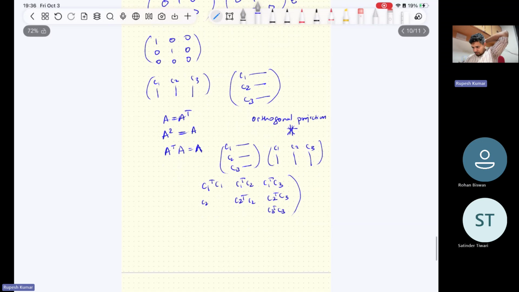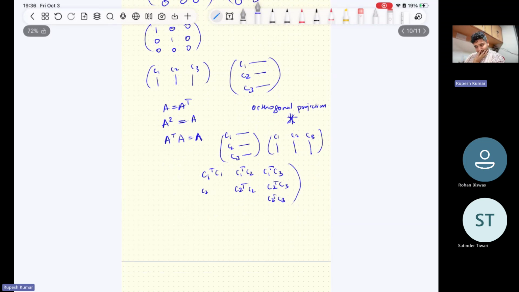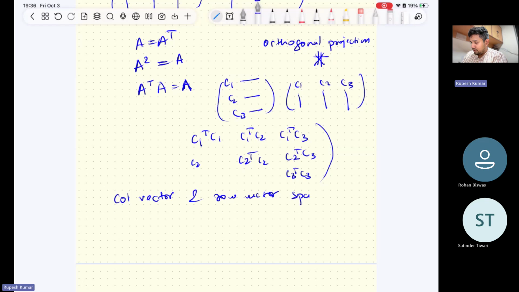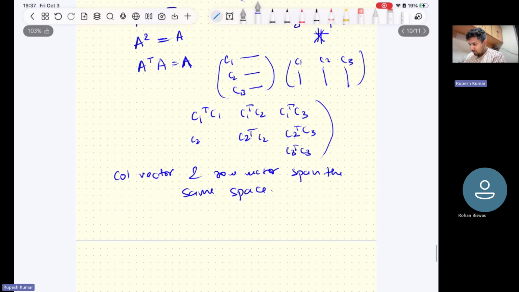We can't say directly. We can think of the null spaces, but since it's a square matrix, if it's a full rank matrix and a square matrix, then column vectors and row vectors span the same space, right? Same space, right?